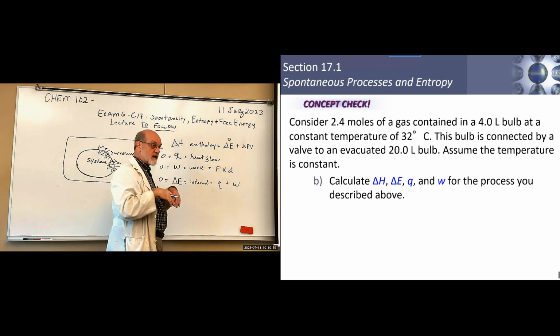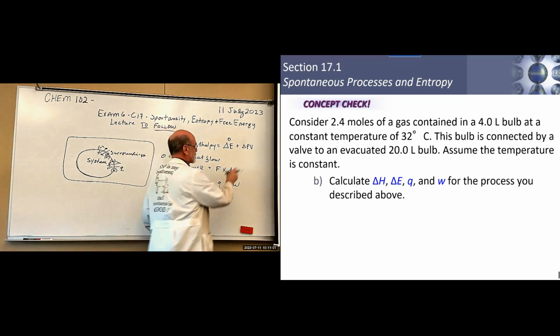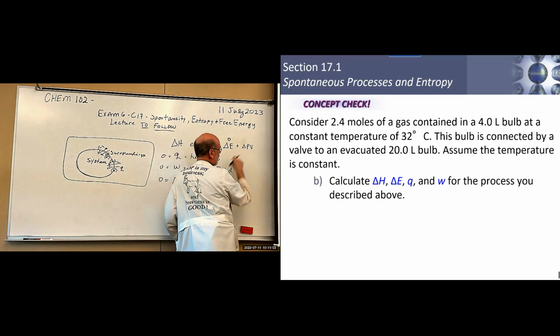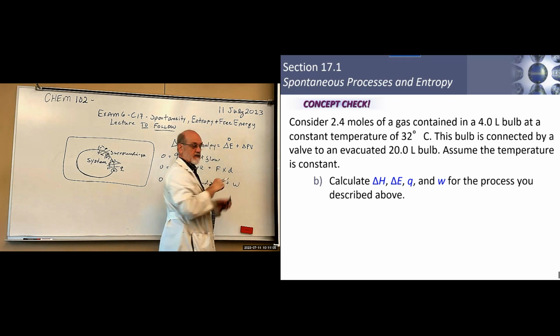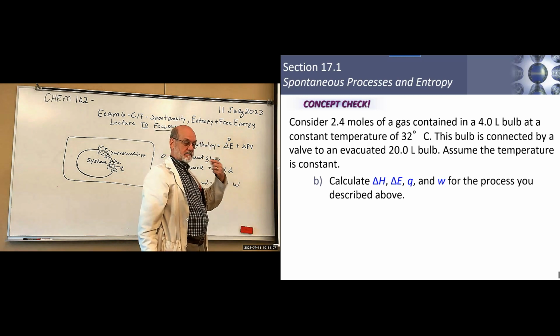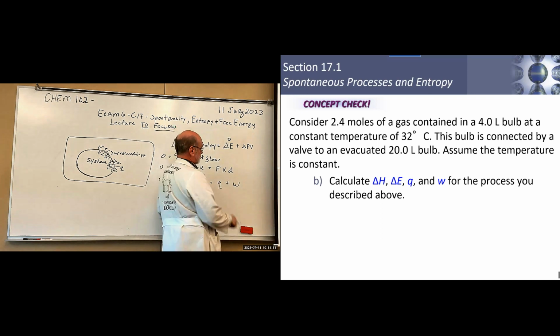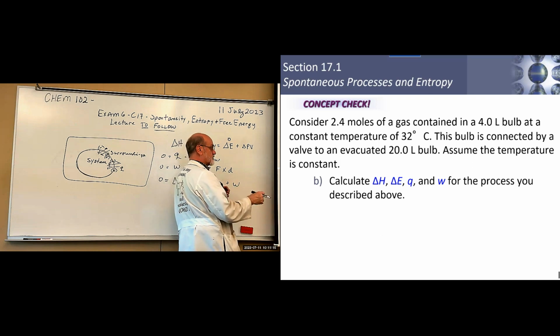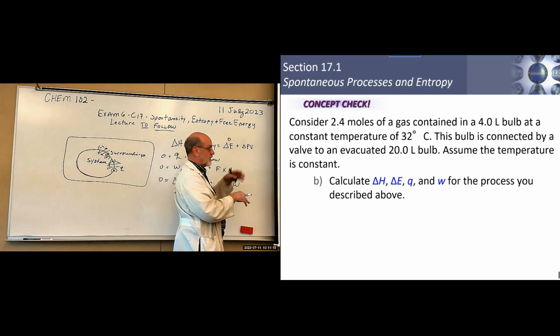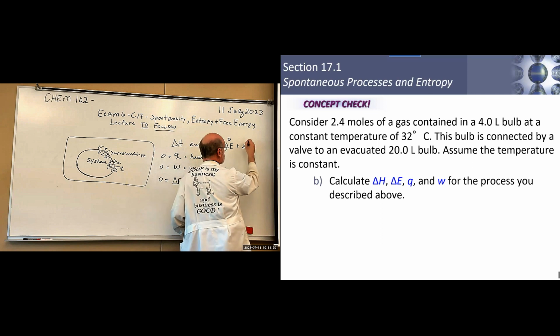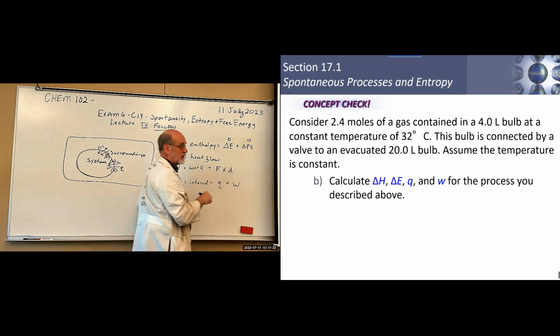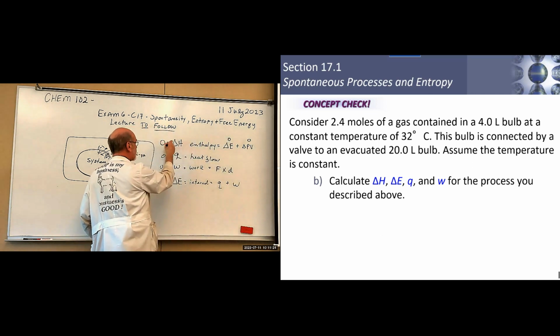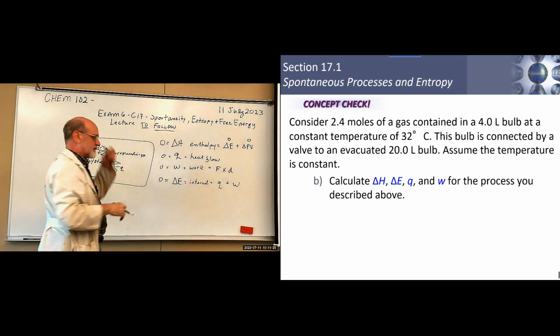And there was actually no change in the value of pressure times volume because of Boyle's law. It's a constant. If we change the volume, the pressure responds in the opposite direction. So there was really no change in pressure times volume either. That means all of these values are zero for that process.